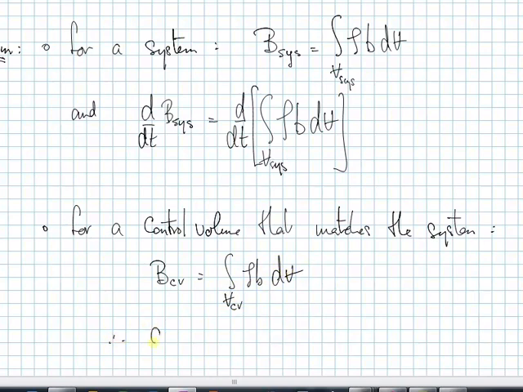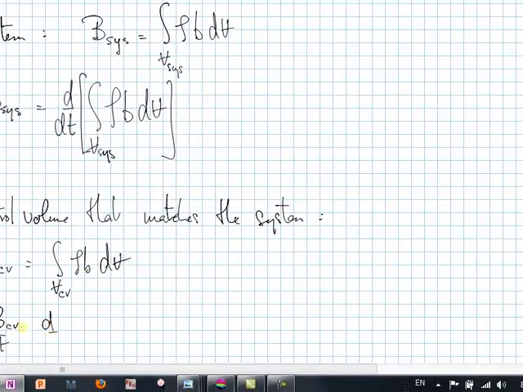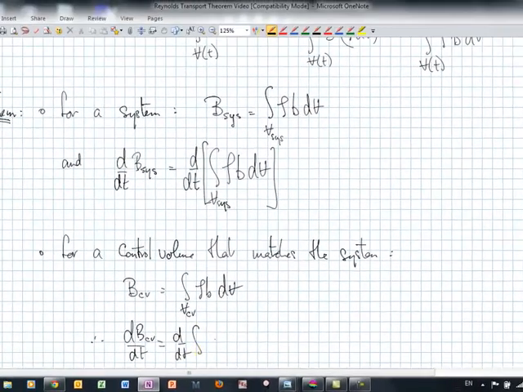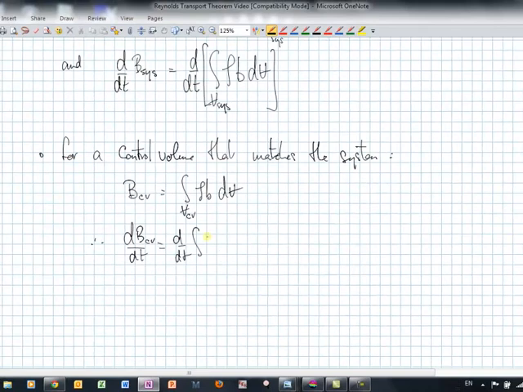And the rate of change of that property over the control volume is just like it was for the system, except again the integral is taken over the control volume specifically, not over the system anymore.